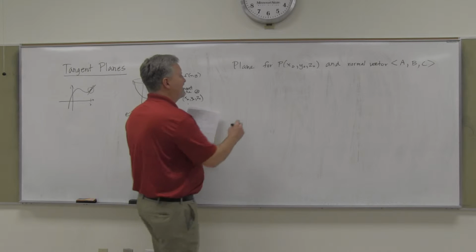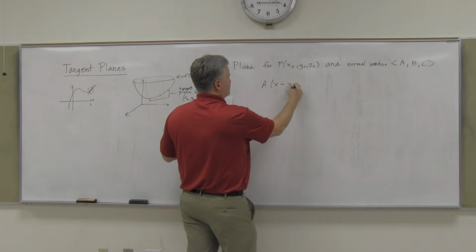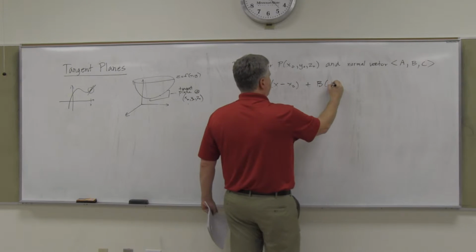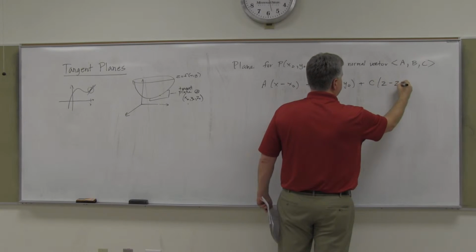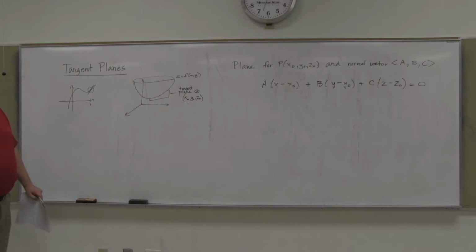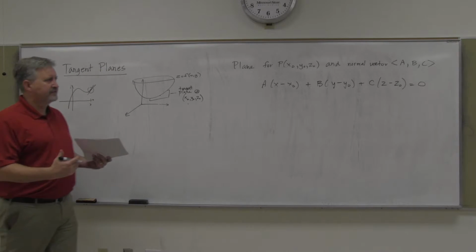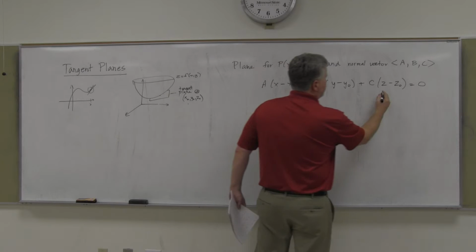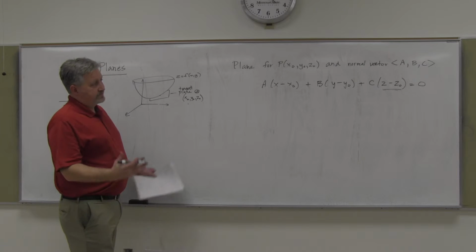That's good news, okay? But if we've got those 2 bits of information, then the plane is just a times x minus x0, plus b times y minus y0, plus c times z minus z0 equals 0. Well, the way we'll find these tangent planes is I'm going to solve it for z minus z0.